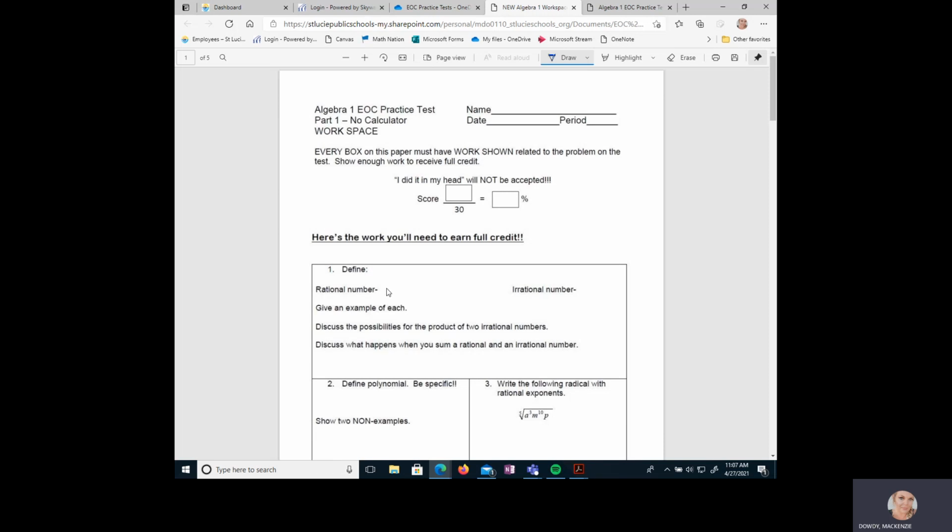A rational number is all positive and negative numbers and 0 that can be written as a ratio or fraction.